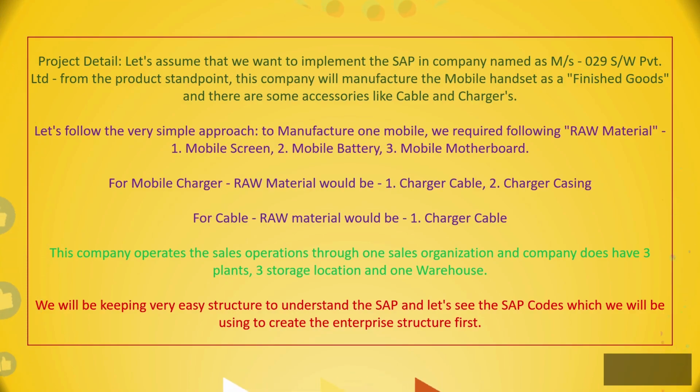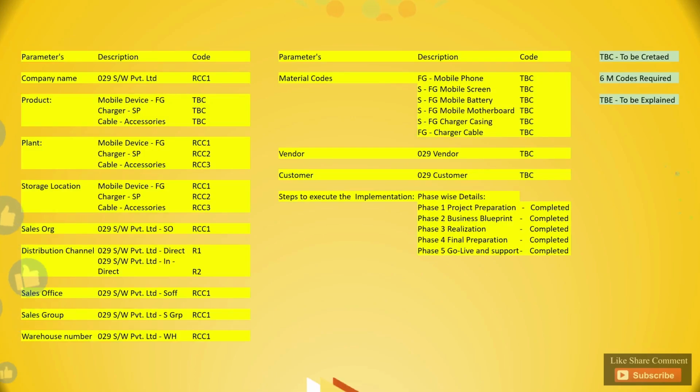So from the SAP code standpoint, if you see my screen, there are 3 columns: parameters, description and code. For the parameter, I have given some heading names like company, product, plant, storage location, sales organization, distribution channel, sales office, sales group and warehouse number.